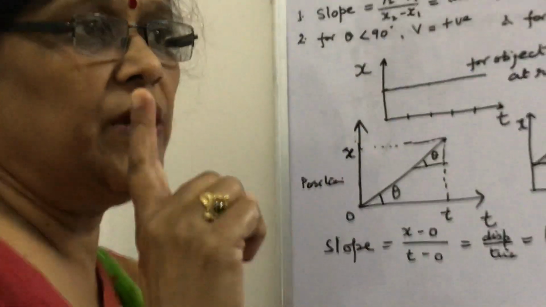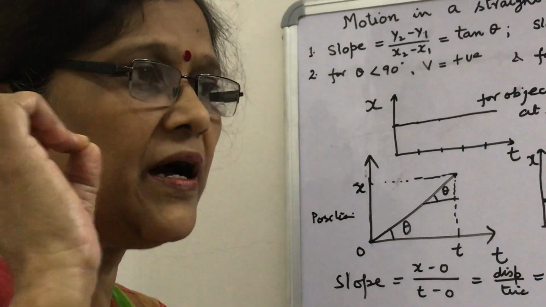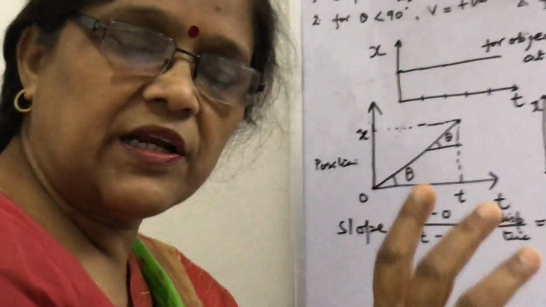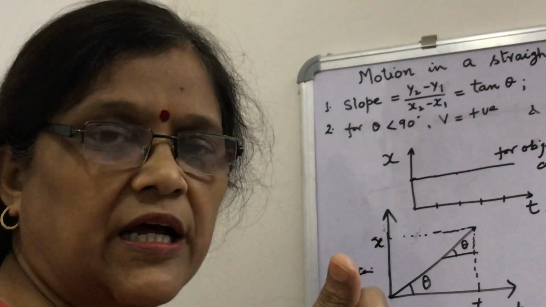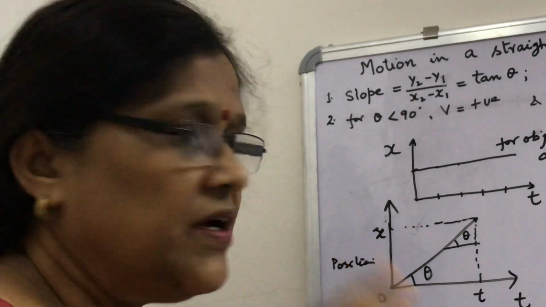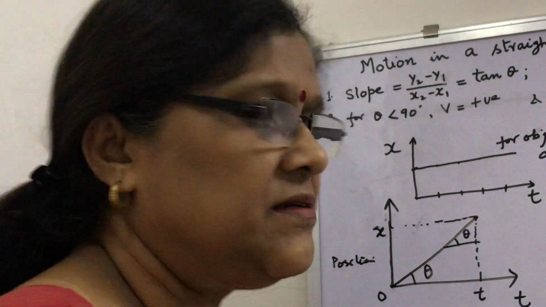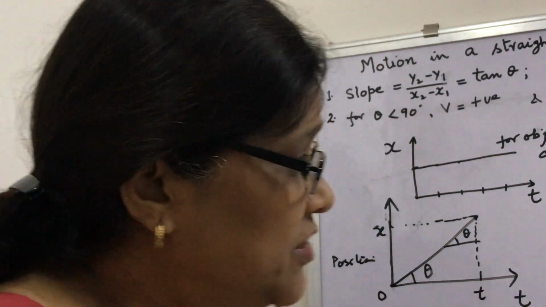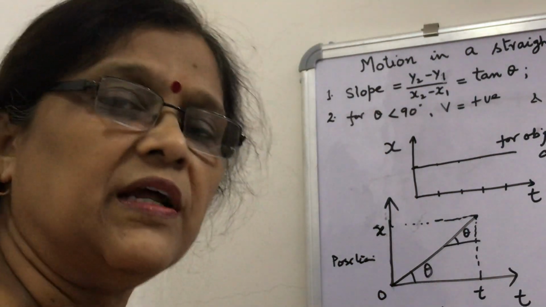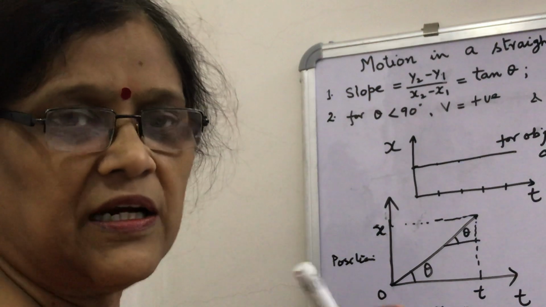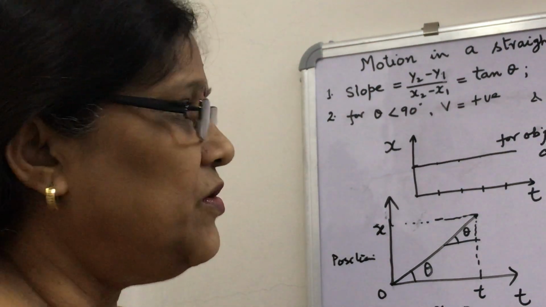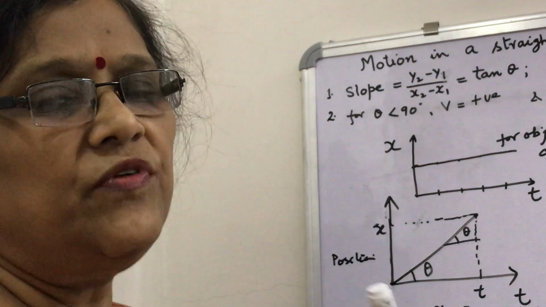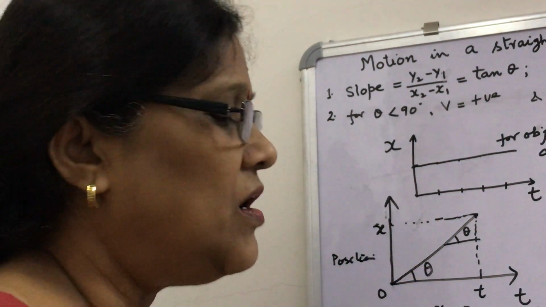Make one point clearly in your mind that for accelerated motion, the displacement or position time graph is always a curve. Here you are getting the straight line, no curve. So there is no acceleration. If the body is in uniformly accelerated motion, you will find the curve. Look how.